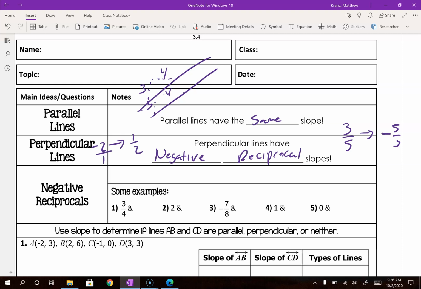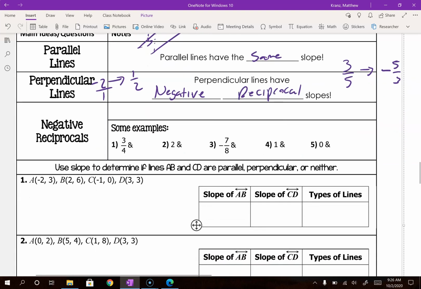So you change the sign and you flip the fraction. It's a negative reciprocal. So here are some examples. 3/4, the negative reciprocal is negative 4/3. This is really 2 over 1, so the reciprocal is negative 1/2, like I just showed. I'll let you try 3.